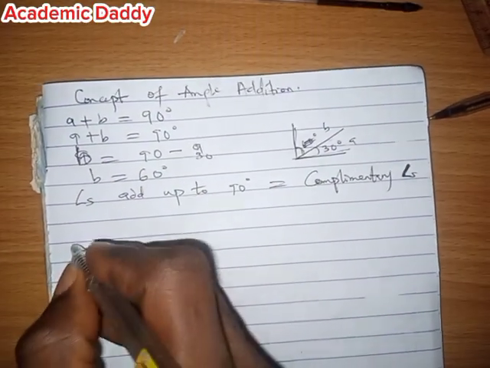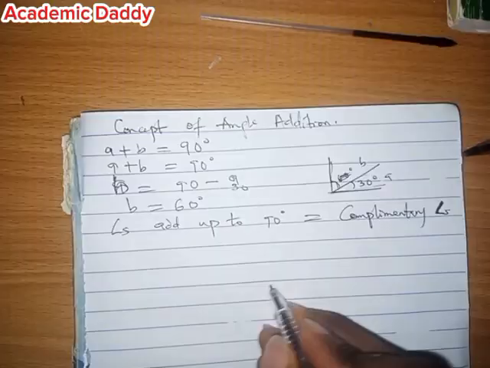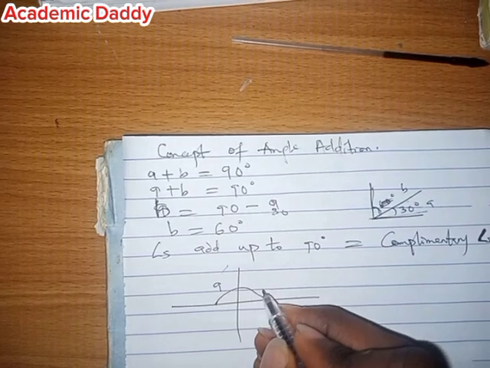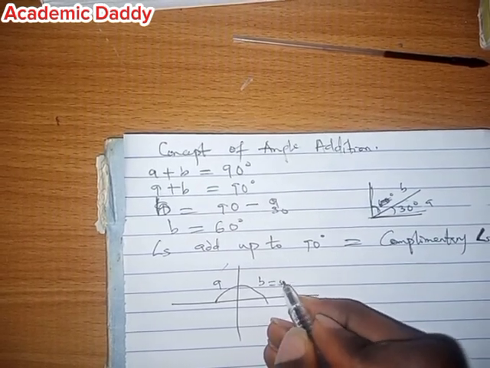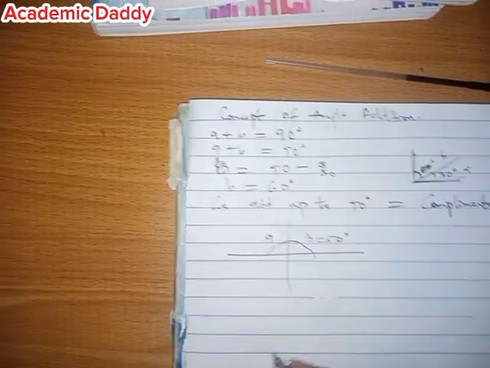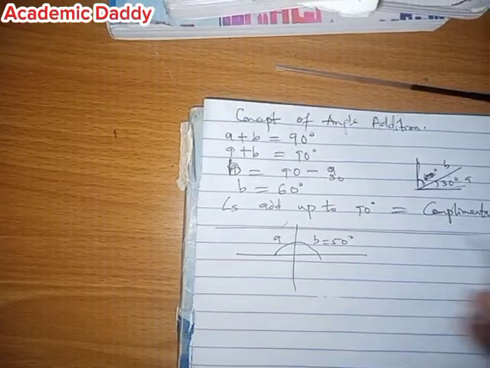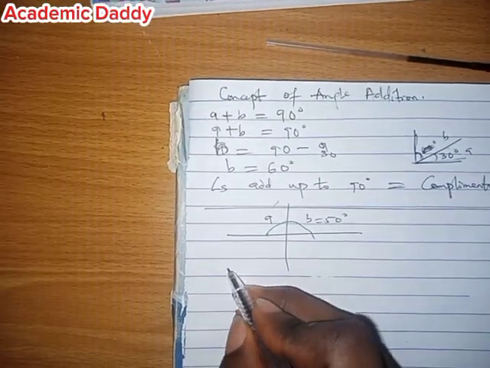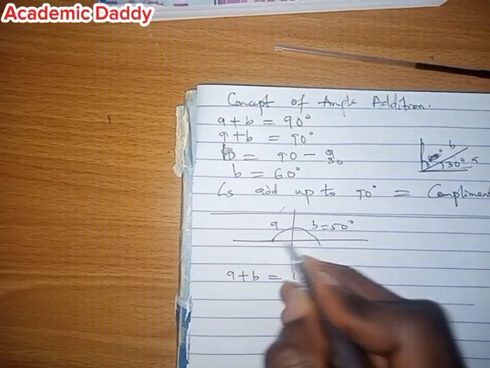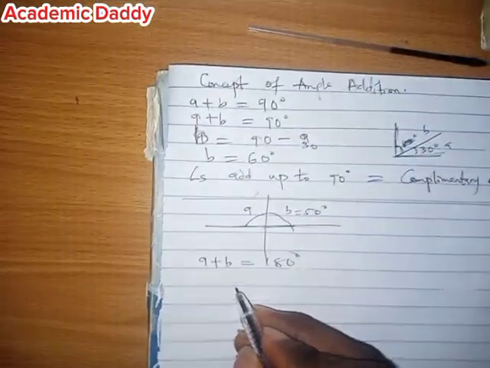While if I have, for example, A here and I have B equal to 50 degrees, if I do A plus B equals 180 degrees, why? Straight line. Angles on a straight line equal 180 degrees.